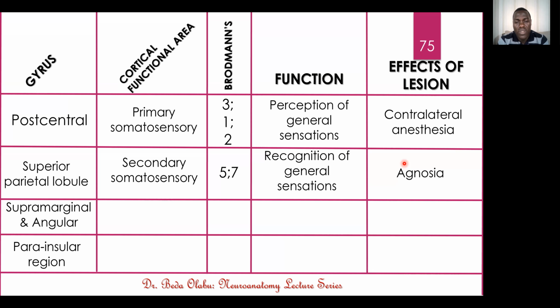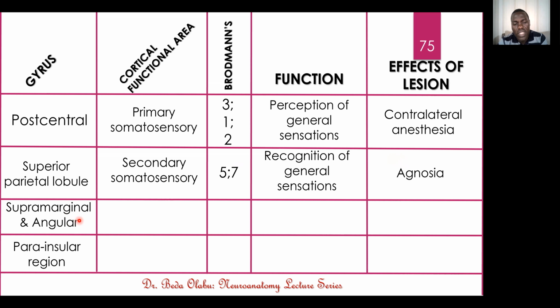They can put on the trouser on one leg, but the other one is not there, so they're not putting it on. Very dramatic clinical manifestations: self-neglect syndrome, from injury to the non-dominant secondary somatosensory cortex.